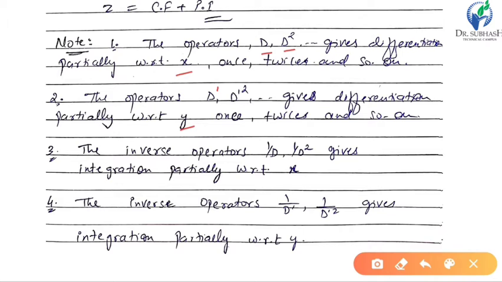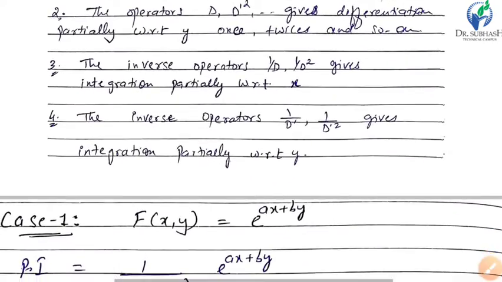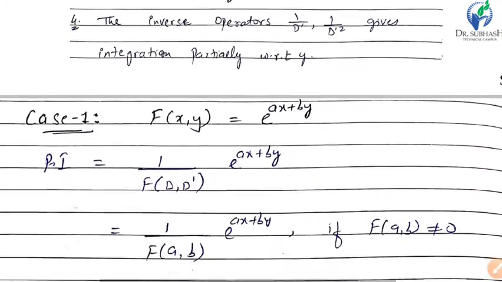The inverse operator 1 upon D gives partial integration with respect to x. Similarly, the inverse operator 1 upon D dash gives partial integration with respect to y. These are the points we need to remember while we solve the equation.